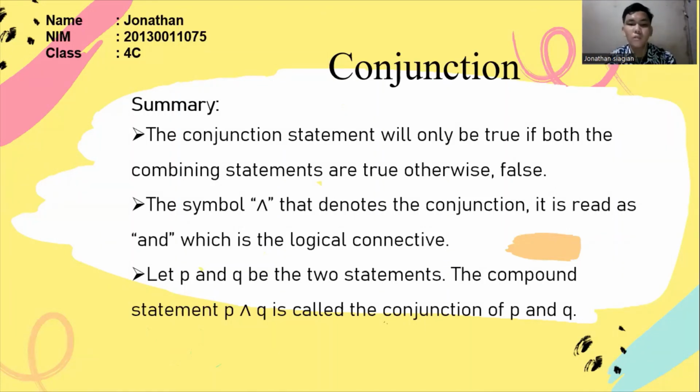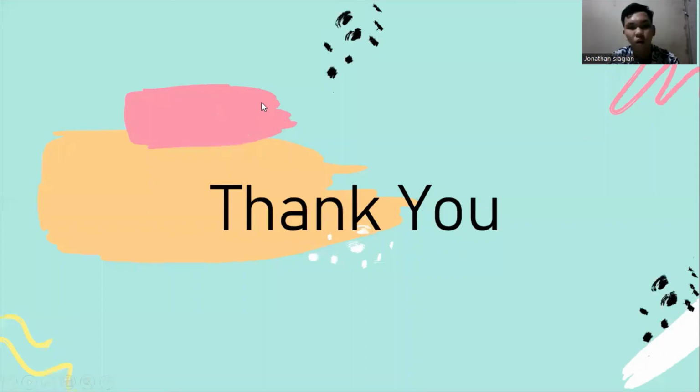The compound statement P conjunction Q is called the conjunction of P and Q. That's all the material today. I hope you can explore mathematical logic and study disjunction for the next meeting.